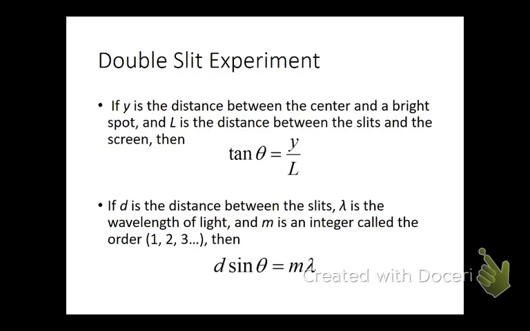Using some fancy geometry, which I won't hold you responsible for, you really just need to know the end result. D times the sine of theta equals m lambda, where m is called the order. If you go from the center bright spot to the next one, m is just 1. If you go from the center bright spot to 2 bright spots over, then m is 2, and so on and so forth.